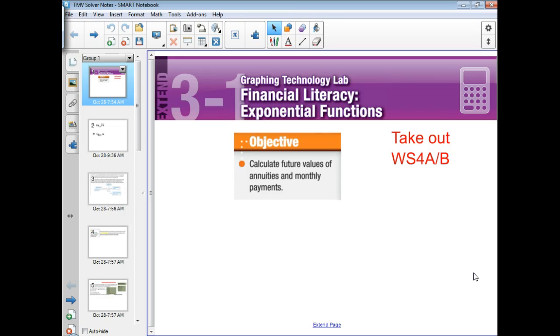Because every application we've had up until now has been pretty stupid. It's been like, you put $100 in a savings account that collects 9% interest. Like, that doesn't exist, is my first issue. And then you leave it there for 25 years. No, probably not. And you never make any other contributions to it. That's pretty weird. Just nothing we do in Algebra 2 really logically makes any sense.